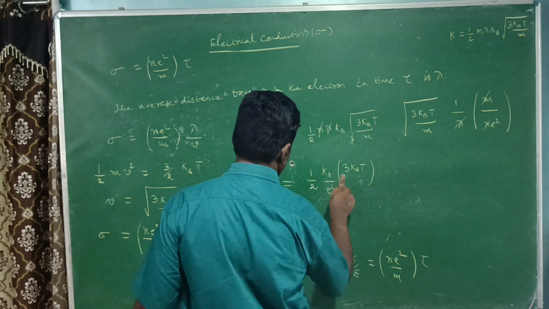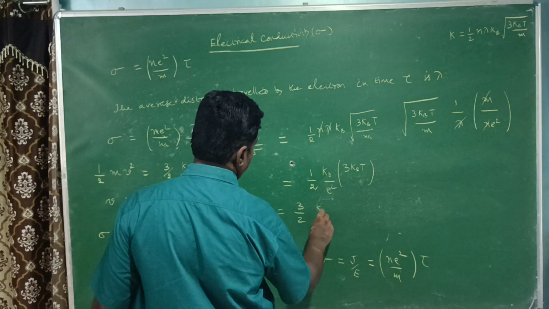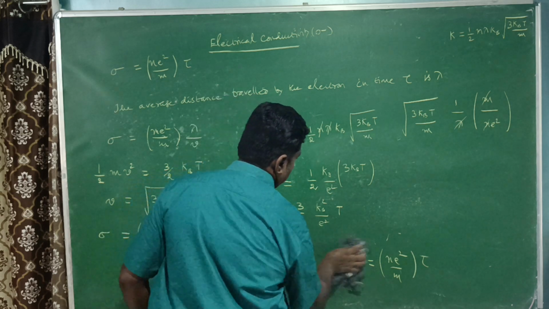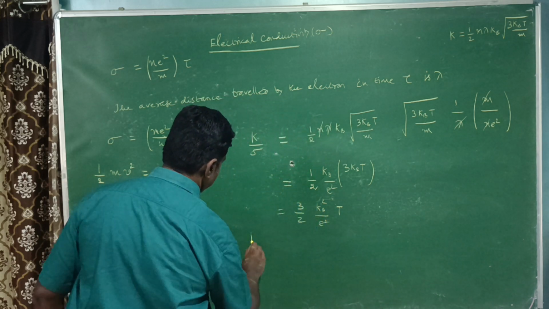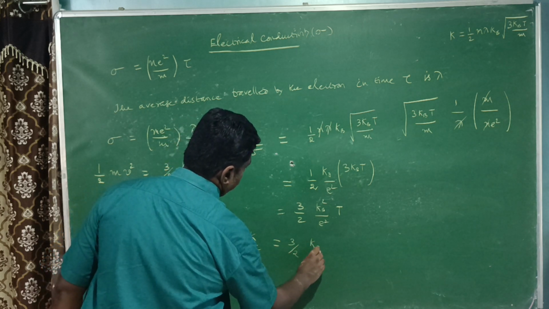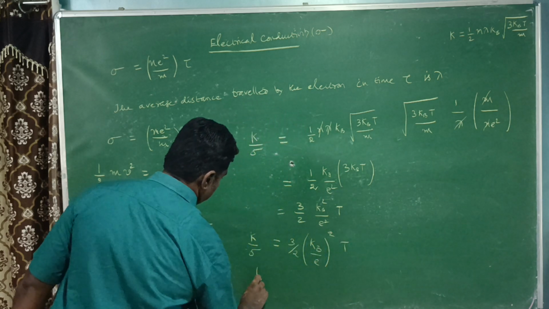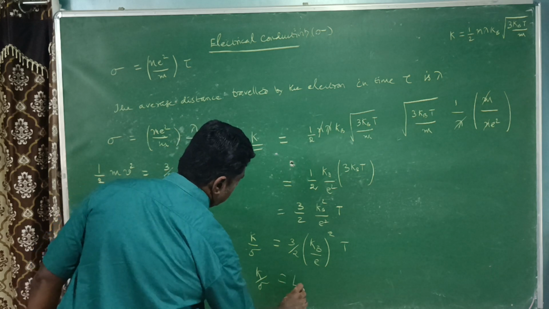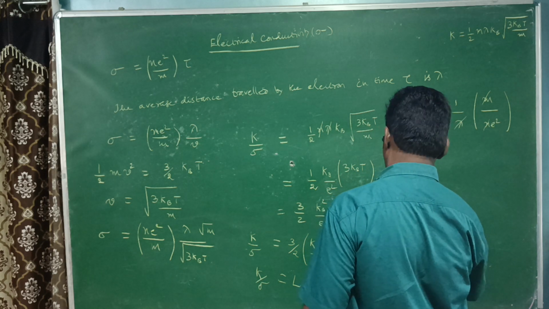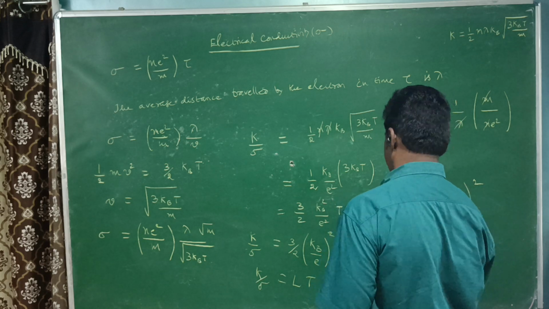Now this is equal to 3 by 2 k_B into k_B square divided by e square into T. Then this is modified as K by sigma, which is equal to 3 by 2 k_B divided by e whole square into T. This is K by sigma, which is equal to L into T, where L is our Lorentz number, which is equal to 3 by 2 k_B by e whole square.